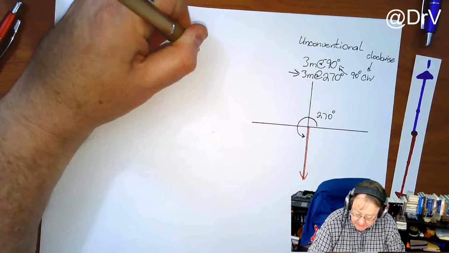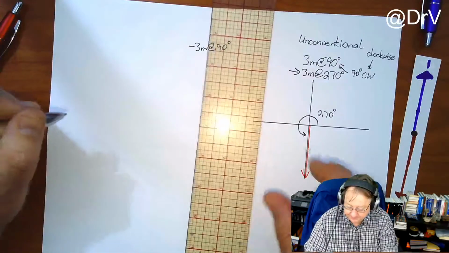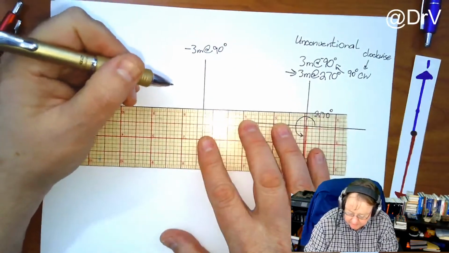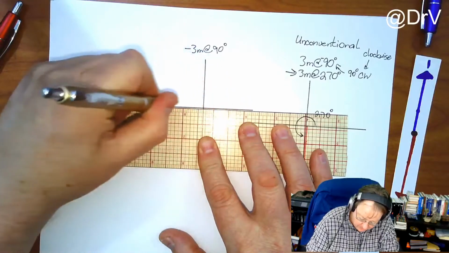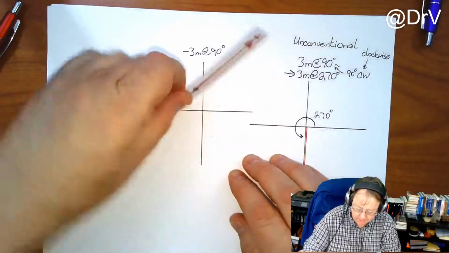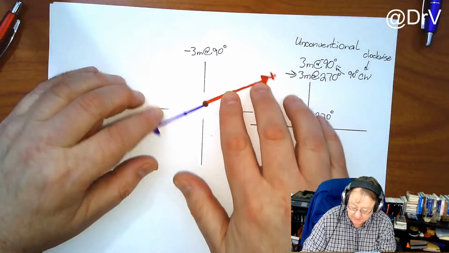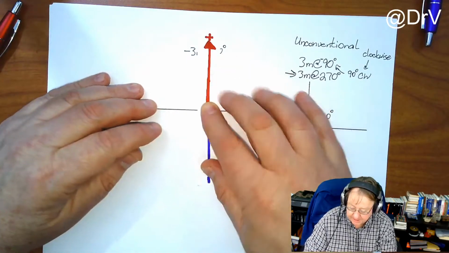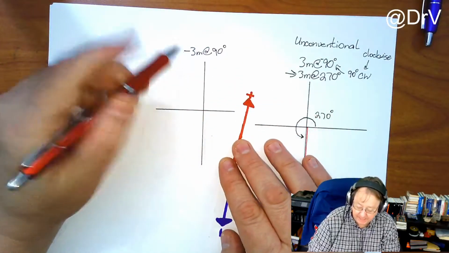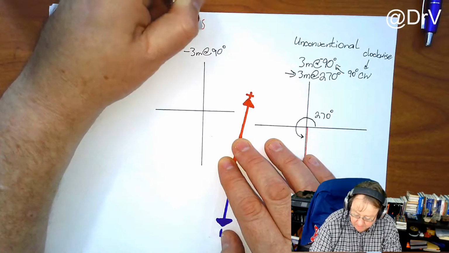Next comes negative 3 meters at 90 degrees. You get the axes all set up. Now, you start in the normal position like always. You rotate counterclockwise 90 degrees, and now you step backwards because that number is negative. So positive, forwards.